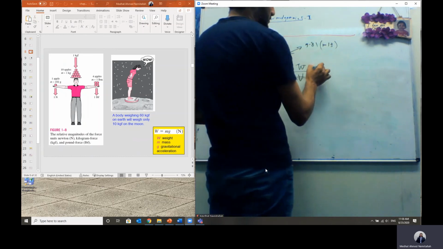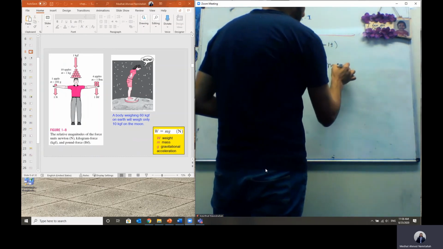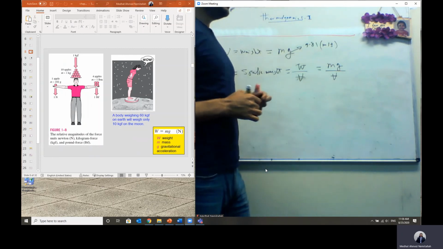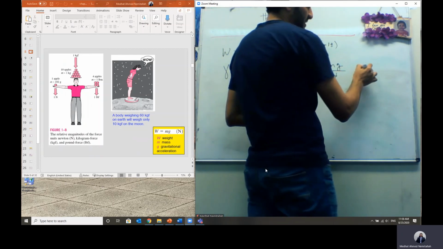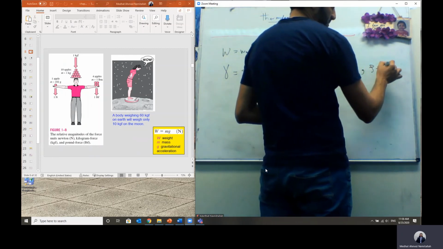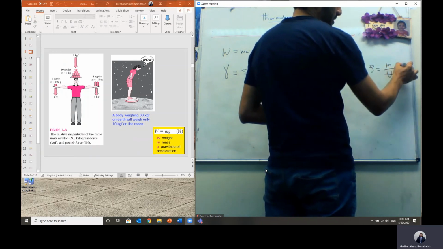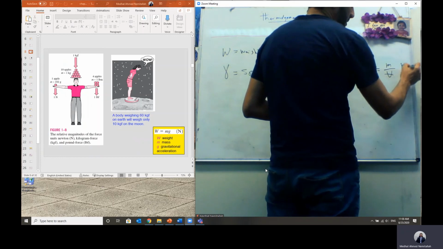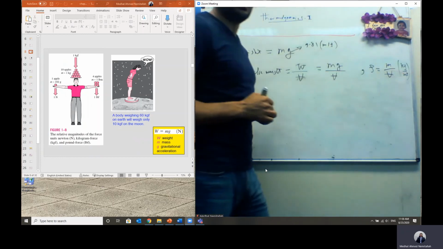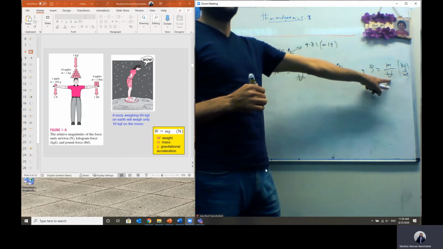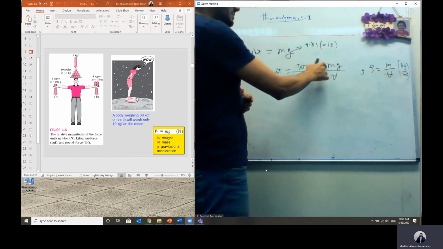Specific weight is equal to mg, mass multiplied by gravitational acceleration, divided by volume. By definition, we have the density rho equal to mass divided by volume, calculated in kilogram per meter cube. Then we can say mass equals density multiplied by volume, and substitute here.